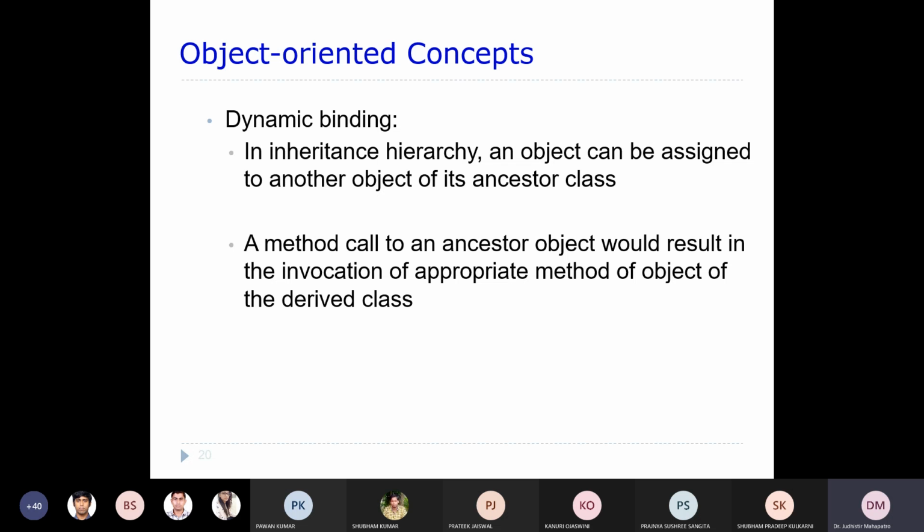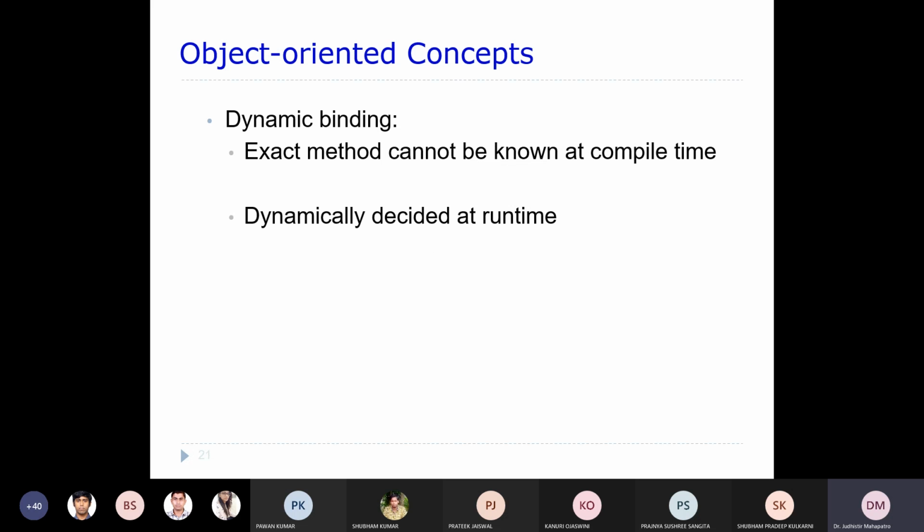That will be decided at runtime. That is what we call dynamic binding. The exact method cannot be known at compile time. It will be decided at runtime. That is what we say, dynamic binding.